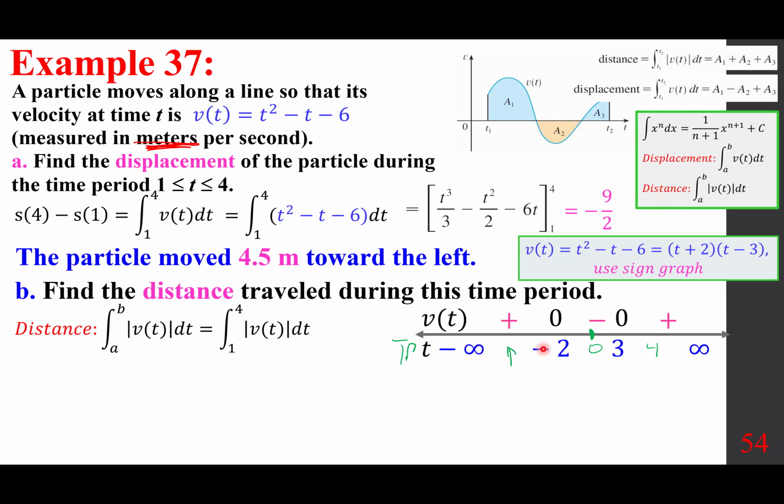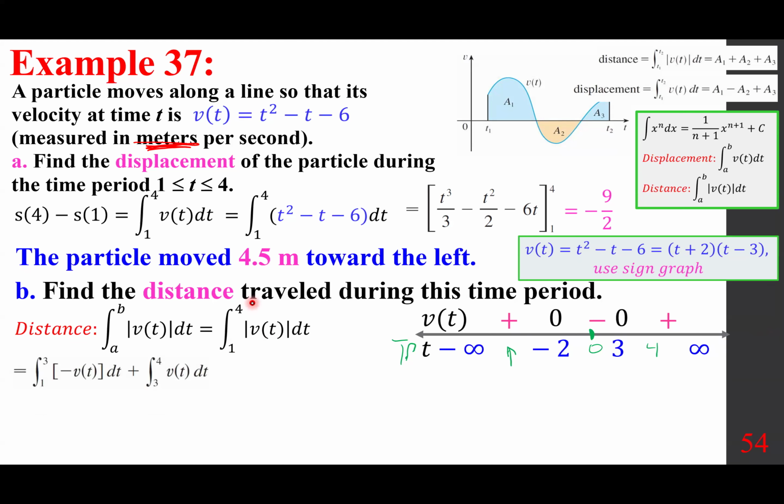So absolute value of v of t dt from 1 to 4. We want it really from 1. So because the change happens at 3 and from 1 to 3 is negative, we have to go with minus v of t, and from 3 on to infinity is positive. That means from 3 to 4, we just use v of t.